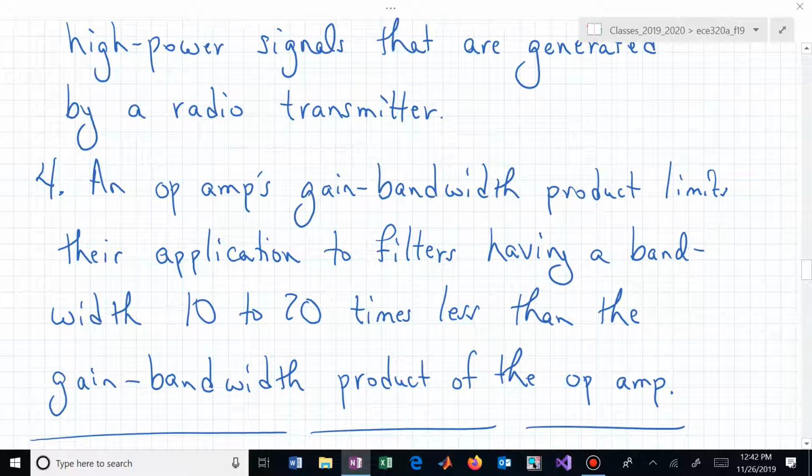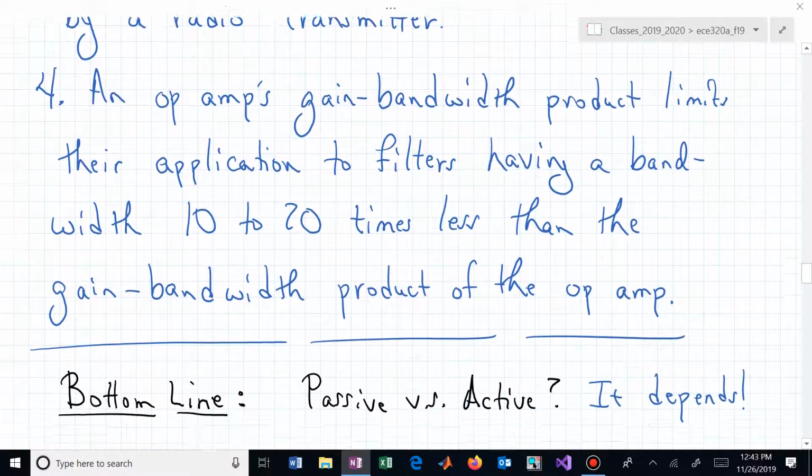We have to make sure that it's a lot less, maybe a factor of 10 or 20 times less than the gain bandwidth product of our op-amp allows. And that's maybe a disadvantage of going with an active filter.